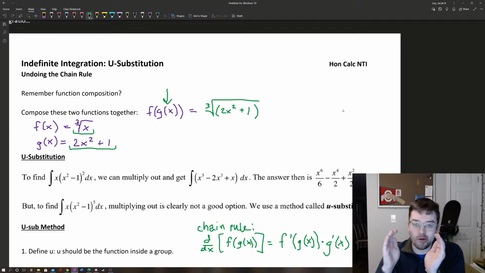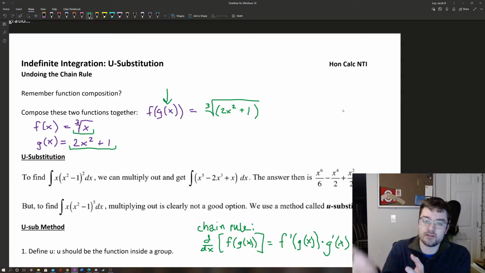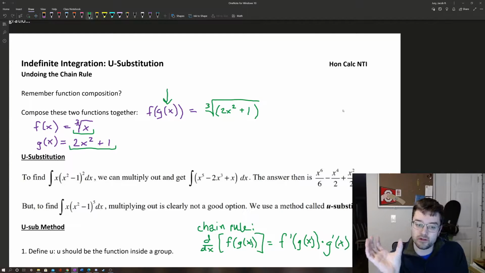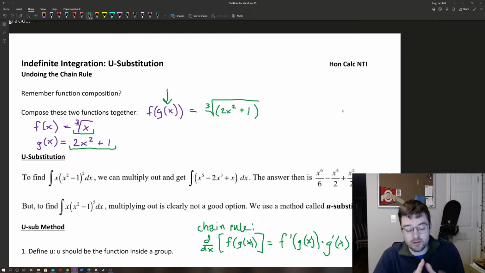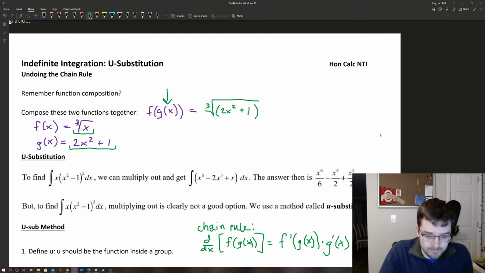So what used to be underneath that cube root was x, and we replaced that with g of x. So we put the output of one function, the 2x squared plus 1, into the input of the other. So this idea is going to be really critical for learning U-substitution and working through the procedure for integration.